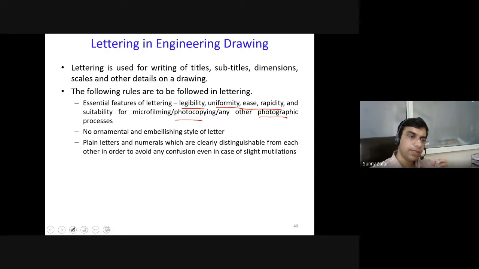We must not do any ornamental embellishment or styling on these letters. So these are very plain letters. The idea is that the plain letters or numerals have to be distinguished from each other, so there should be no confusion. That is why we follow a very plain pattern in lettering in most drawings of different components.